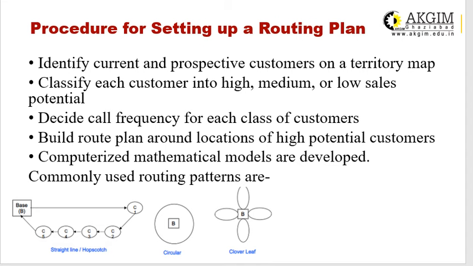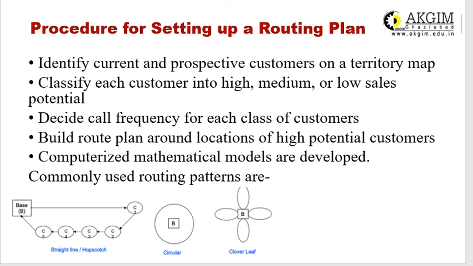Then, what is the procedure for setting up a routing plan? First of all, it is identified where the current and prospective customers are located on the territory map. Accordingly, each customer is classified according to their potential, whether he is a very good customer, an average customer, or a low sales potential customer.